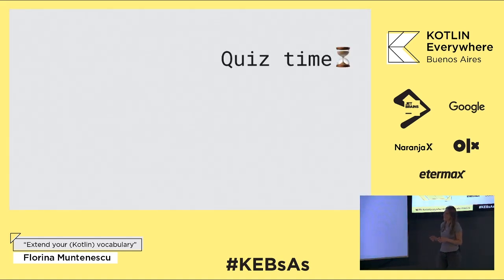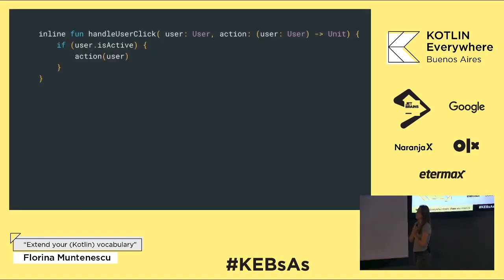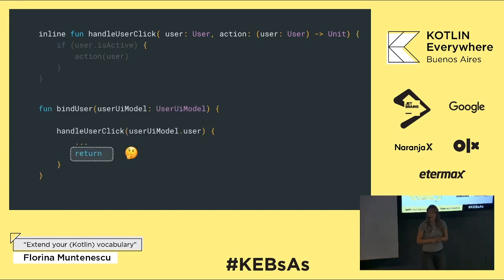So let's see what happens in some cases. We said that we have our inline handle user click function. Let's say that in our bind user, we're directly calling handle user click, and we put a return there. What happens with this return? Where will it return?